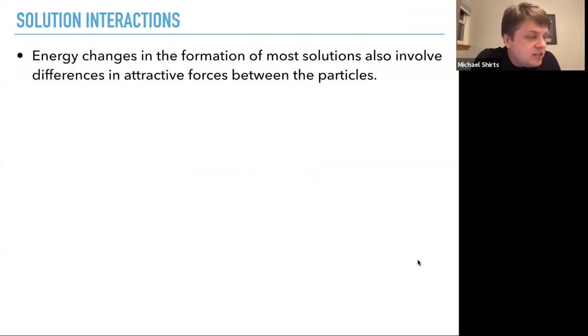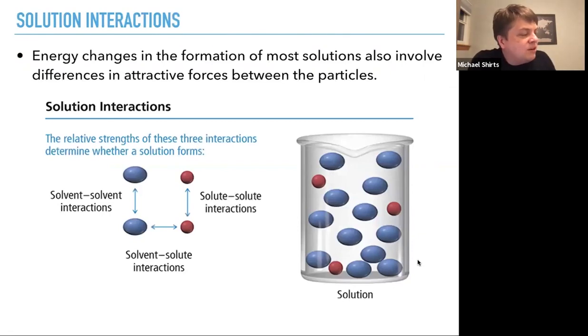So energy changes in the formation of most solutions involve differences in the attractive forces between the particles. There's a tug of war, right? You've got three different interactions going on: solvent-solvent interactions, solute-solute interactions, and solvent-solute interactions. So you have to consider the self interactions of the solute and the solvent, and the self-other interactions of the solute-solvent.